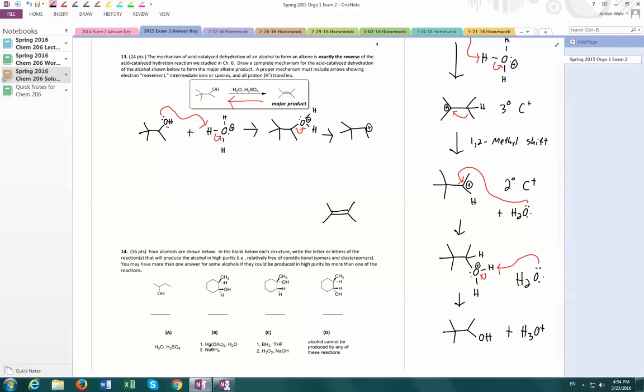We know we need to go to the tertiary carbocation, and we can just do that through a 1,2 methyl shift. So we can show it there. So we end up with that structure.